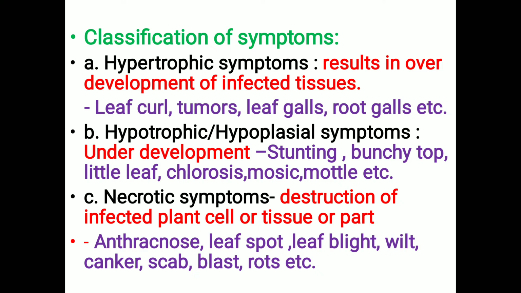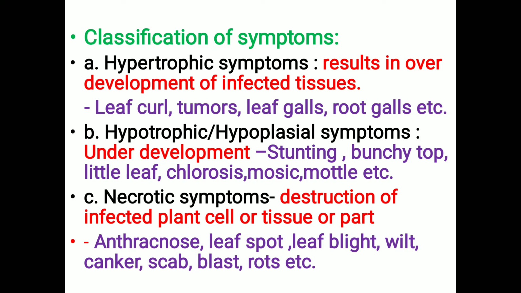So overdevelopment of infected tissue in the host is called a hypertrophic symptom. For example, leaf curl, tumors, leaf galls or root galls are the best examples of hypertrophic symptoms, because of excessive growth. As we know, galls mean excessive tumor-like growth on the roots.